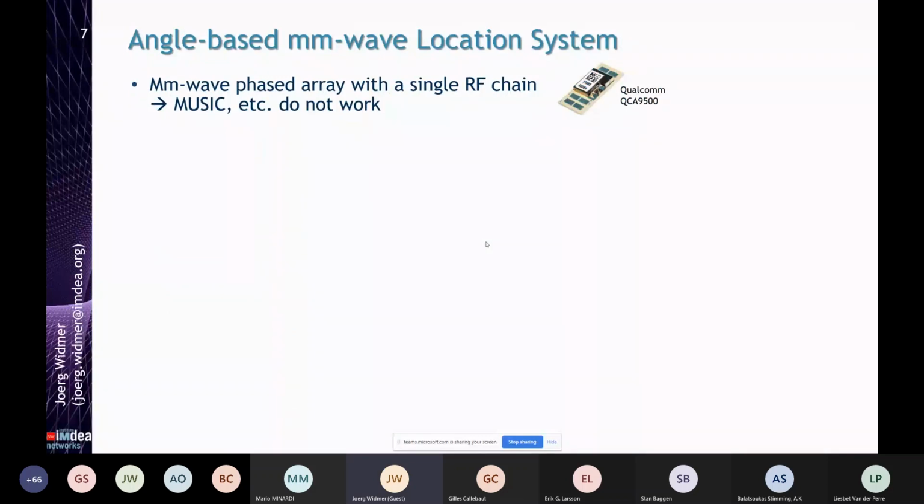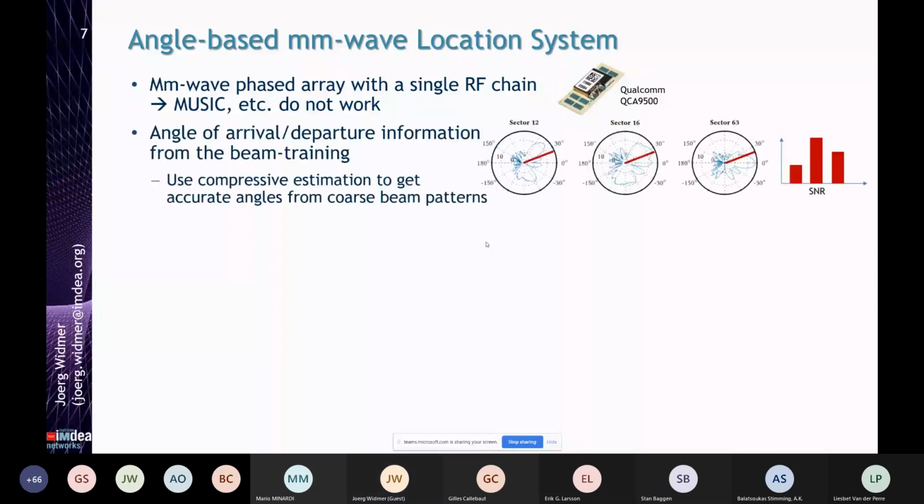Why angle-based? Because you get angle information for free. Because if you do your beam training, that already gives you information about what angles to use. At lower frequencies, this is very simple. You have well-known algorithms like MUSIC and so on that do angle of arrival estimation and angle of departure estimation.